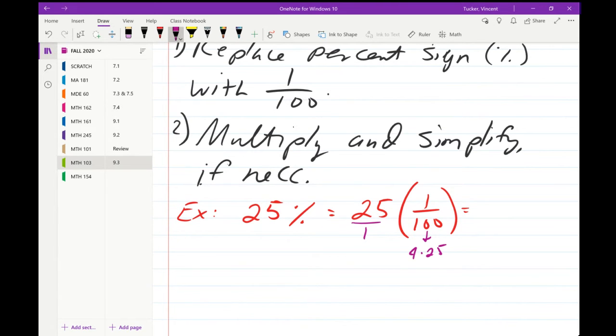Your 25s cancel. And that leaves you with 1 in the numerator and then 4 in your denominator. All right, questions on that one before we do another one?